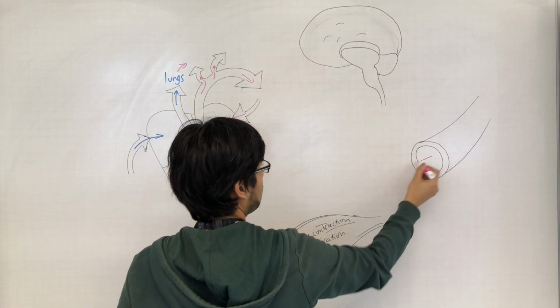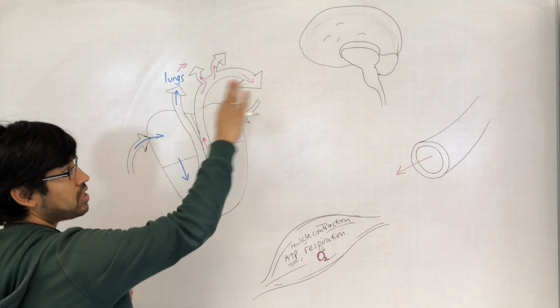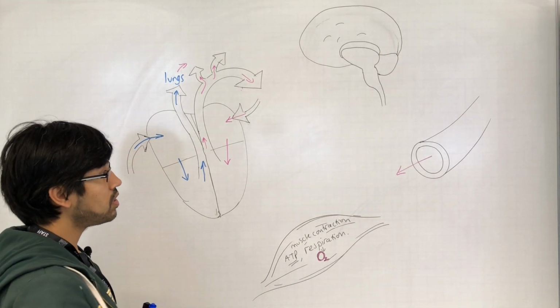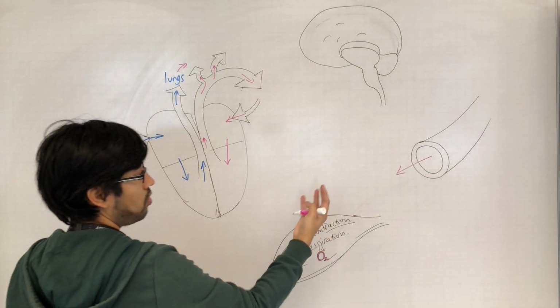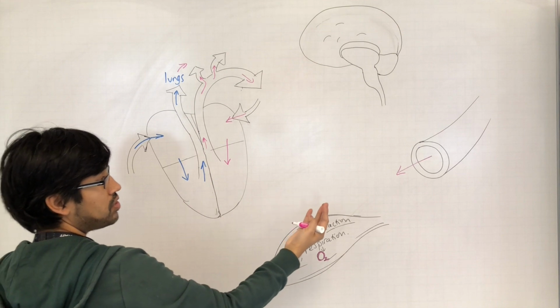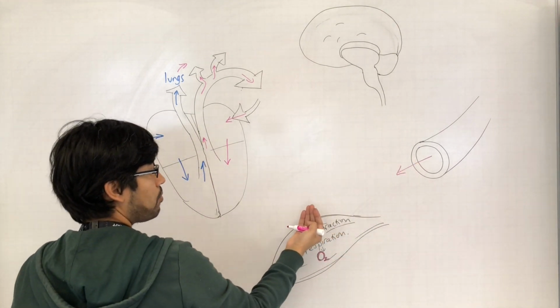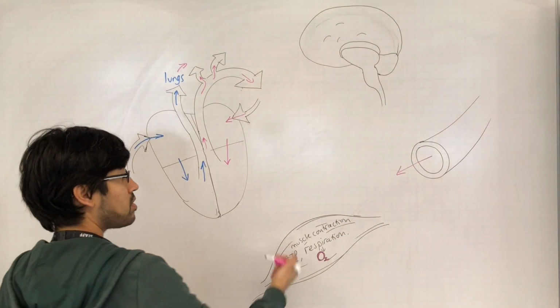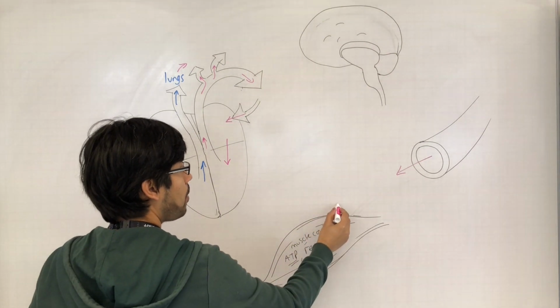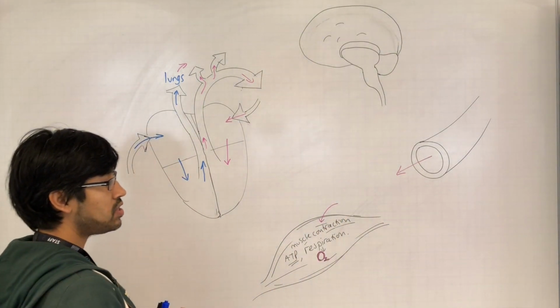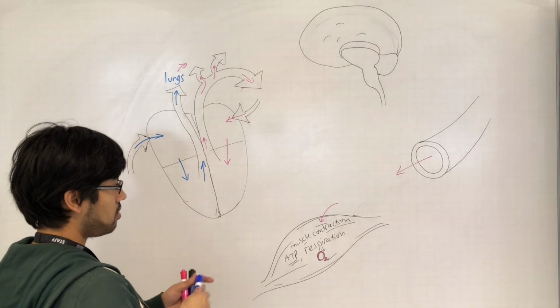The blood is moving by mass flow, and when that blood arrives at cells, remember the cells are using up the oxygen and they are producing CO2.